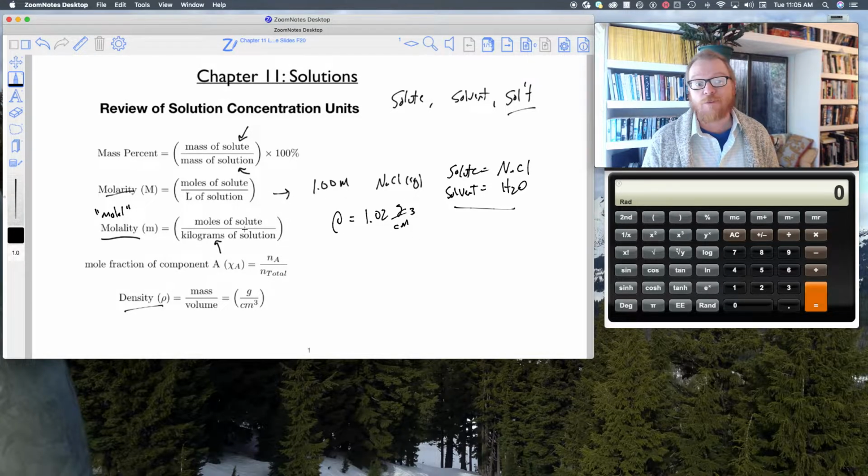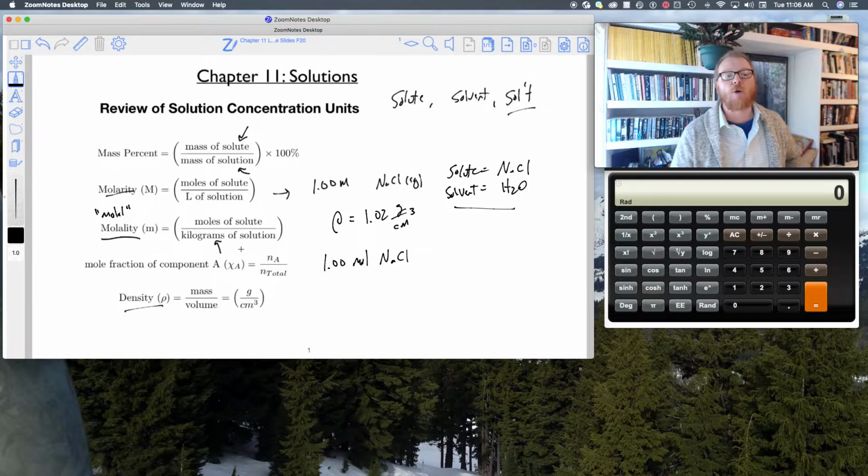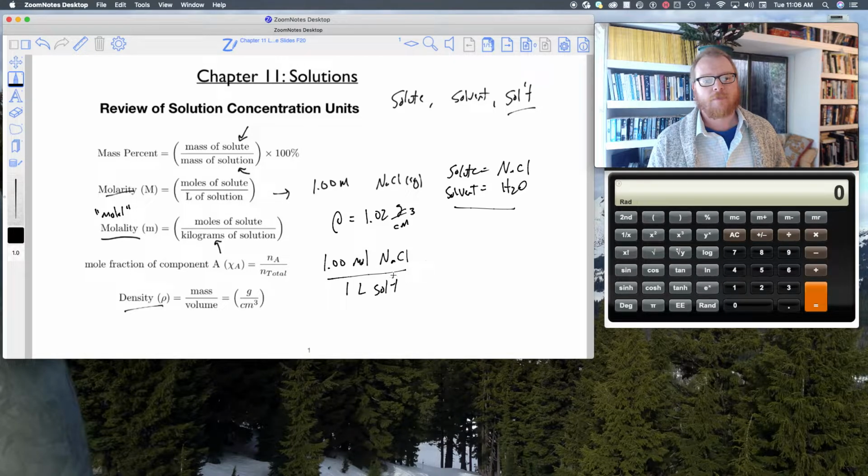So now how do I convert that molarity into molality? Well, we can say that's 1.0 moles of NaCl, so we have that established. But now we need to know the kilograms of solution, okay? Well, we know from the molarity that it was 1 liter of solution, right?